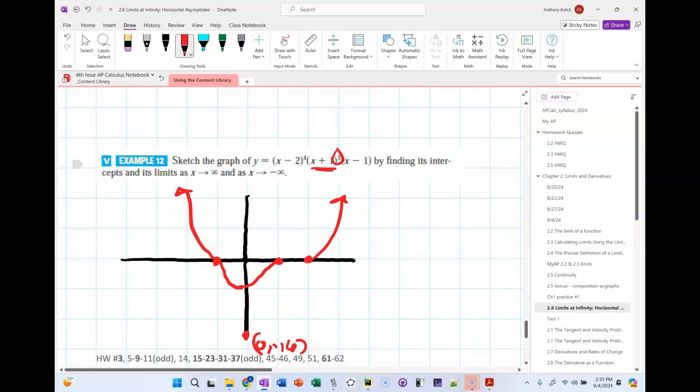That tells me it should be going straight through. And then this one should be a bounce because it's degree 4. And that's good enough. Right? Is that okay? We did the x-intercepts and y-intercepts. Oh, sorry. I just didn't connect it. Thank you. Yes, very good. That should connect it.